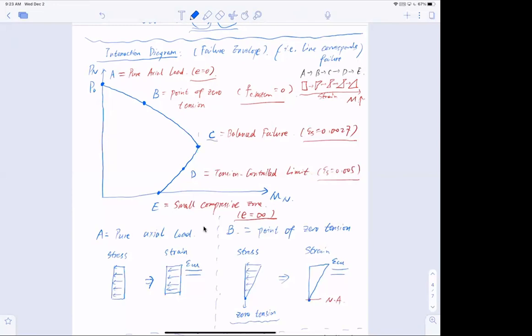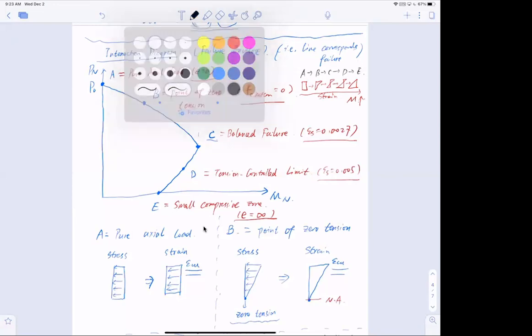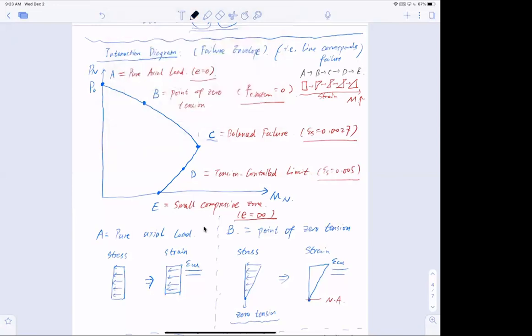Now we have the interaction diagram, but it's not yet complete because I want to divide these interaction regions into zones. If I connect a straight line from the 0 point to C, in this region A to C, this is a compression failure.